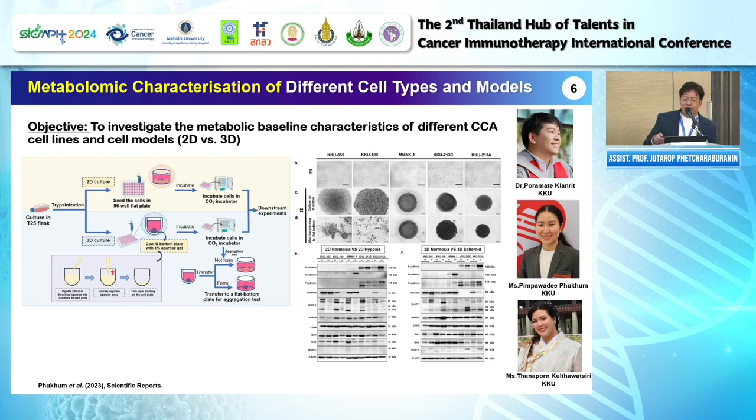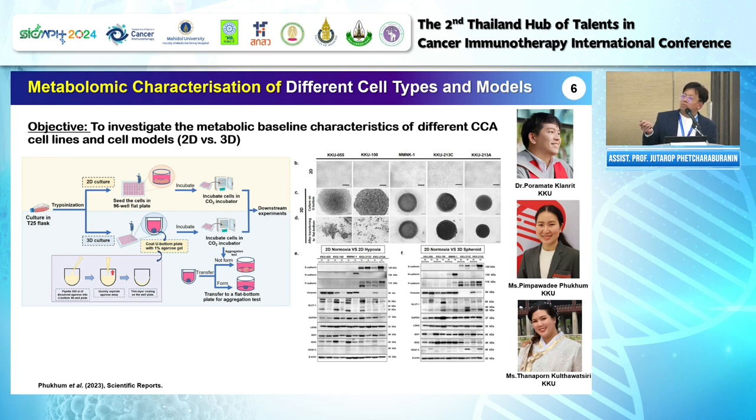We found that the U-bottom works much better at holding the spheroid shape. As you can see here, with a flat bottom, these two cell lines cannot form a spheroid. In this study, we used KKU-055, KKU-100, and KKU-213C and 213A. These are cholangiocarcinoma cell lines, in comparison to the cholangiocyte line, MMNK1.